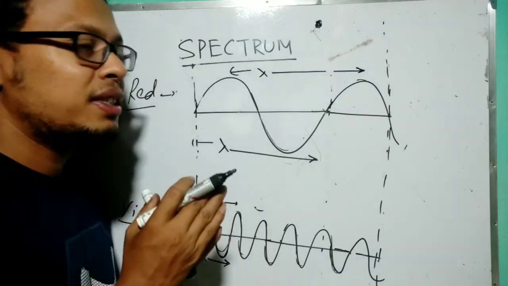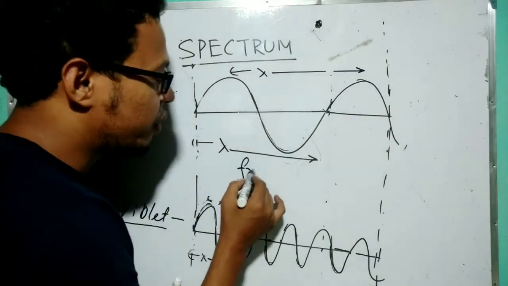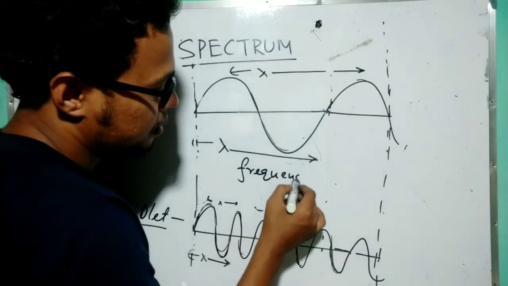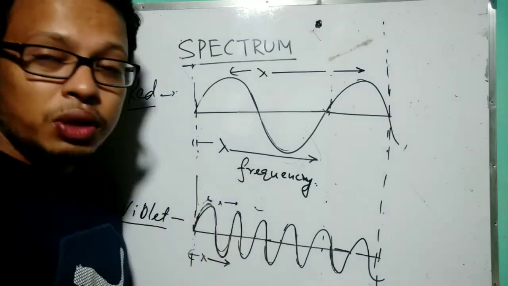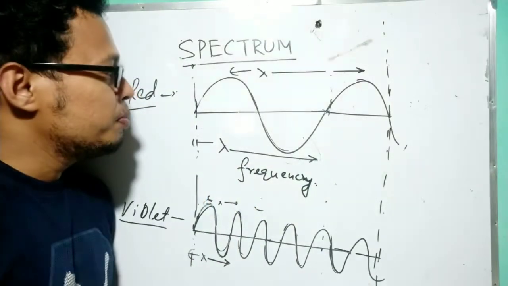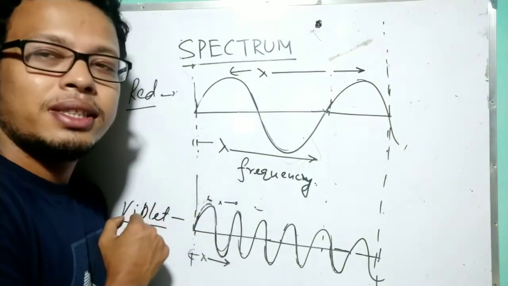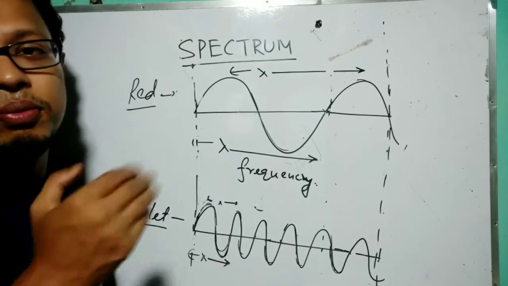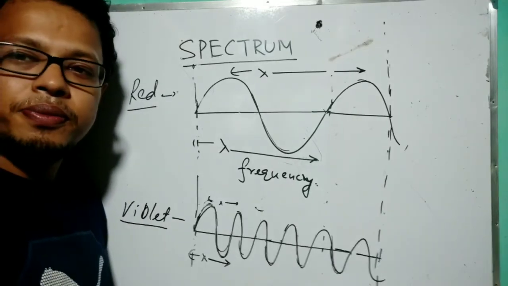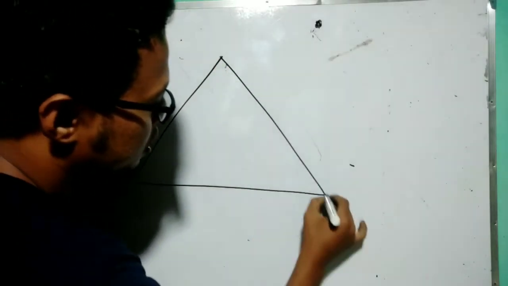That number is represented by one term, which is called the frequency. So what conclusion can we draw? The light which has more wavelength has less frequency, and the light which has less wavelength has more frequency.